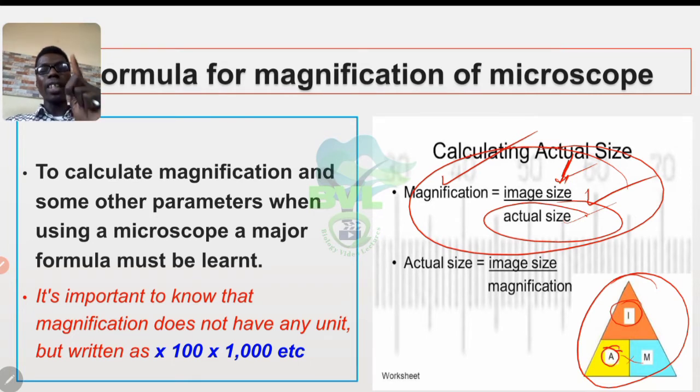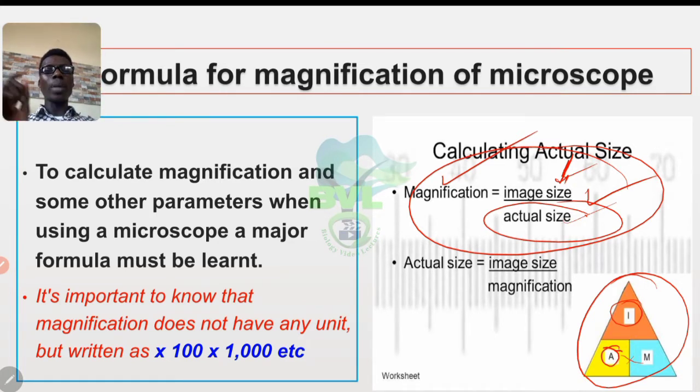Now, one key thing you will remember is this: image size must be more than actual size. Must. So if you're calculating and your image size is less than your actual size, something is wrong with your calculation. Because if this thing was 2 centimeters long and you calculated your image size as 1 centimeter, something is wrong, because image size must be bigger, because we are looking at it as big now.